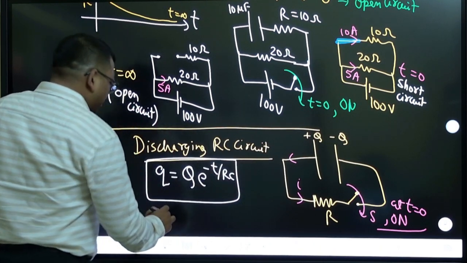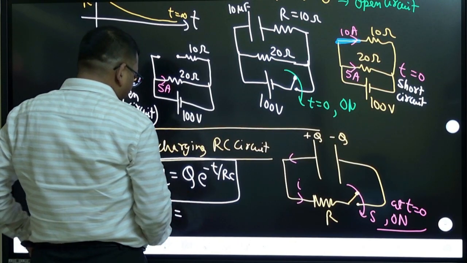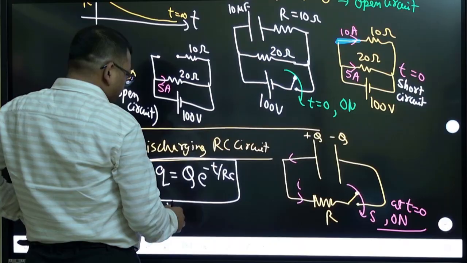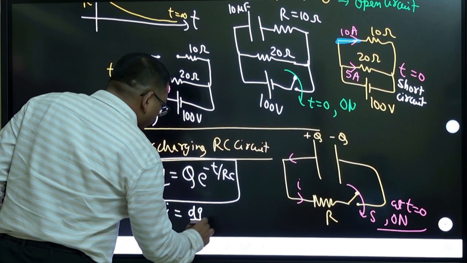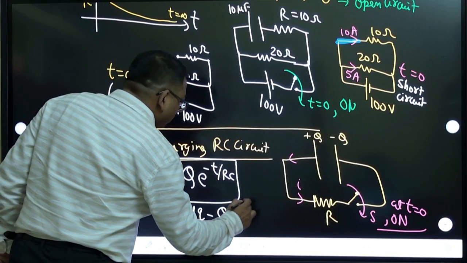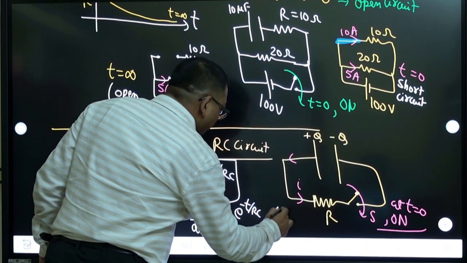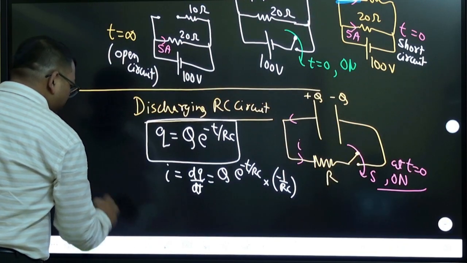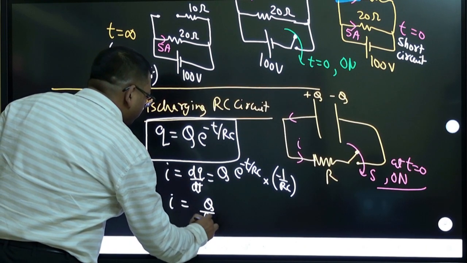Okay, and current you can calculate by differentiating that, right? So if you differentiate dq by dt, you will get capital Q e to the power that same thing, into minus 1 by RC. So here you will see that current I comes as Q by RC.